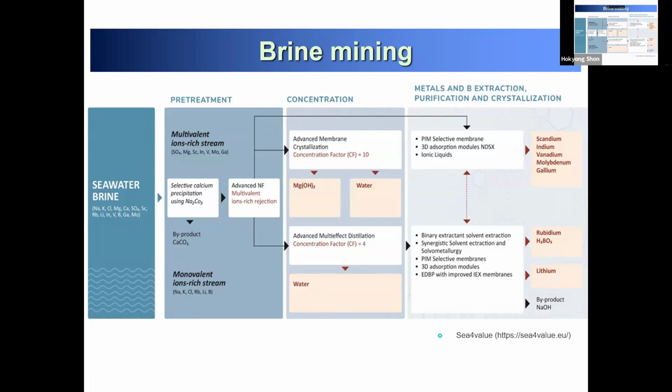Sodium is present at a very high concentration. Sodium chloride has lower value than table salt. We can produce a lot of sodium chloride, but if you can produce sodium hydroxide or HCl, the value is higher than sodium chloride salt.